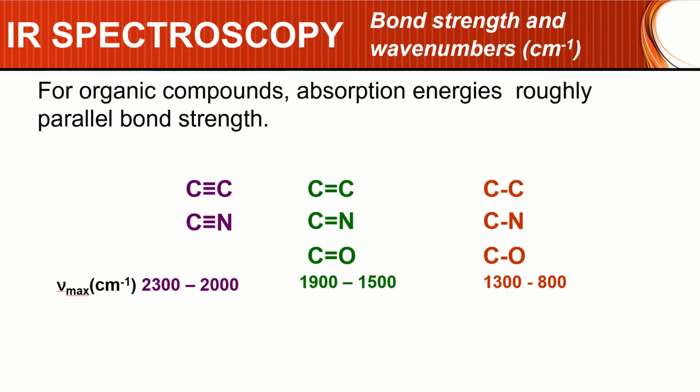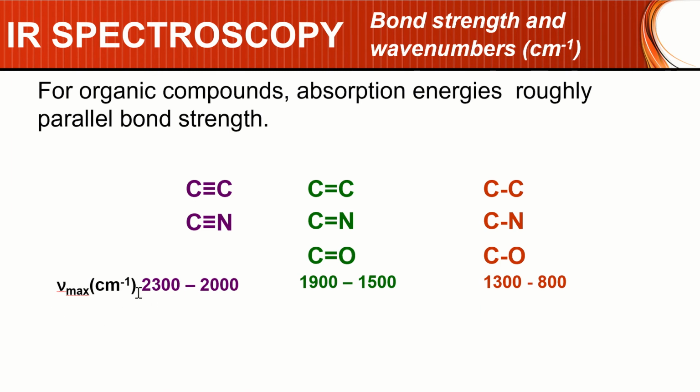All right, so a fun fact here. Bond strength and wave numbers. For organic compounds, absorption energy roughly parallels bond strength, right? So here we have triple bonds, double bonds, and single bonds, and there seems to be some correlation between the strength of the bond and the absorption energies.